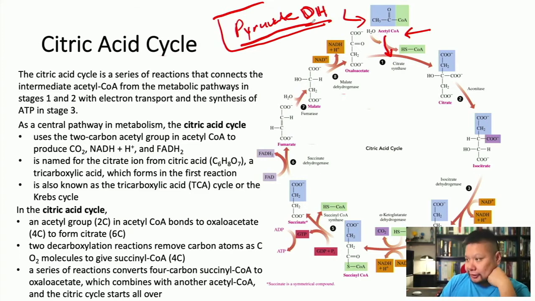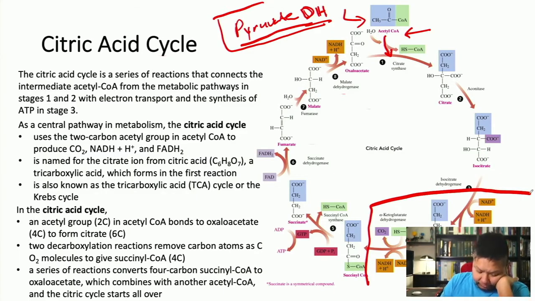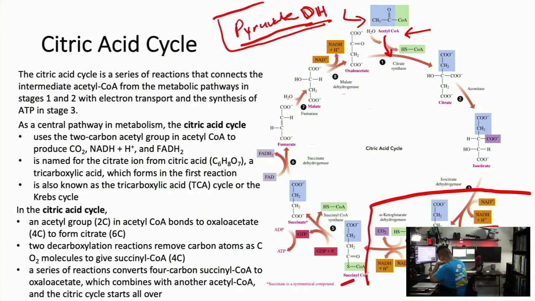So as we look at the citric acid cycle, you can see that it's a pretty long cycle. It's 10 steps long, or sorry, it's 8 steps long. And part of my head is blocking part of it right here, but that's okay. Like I said, we're going to go through each one of those steps individually in a second here. But notice all the NADHs that are being made. There's one right there, there's one right there, and one right there, right?